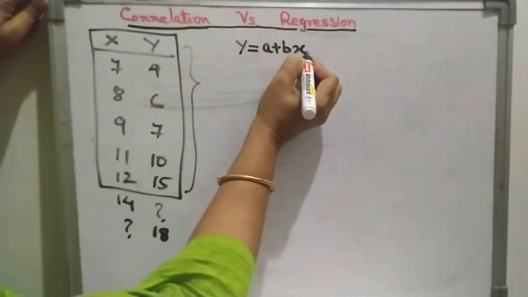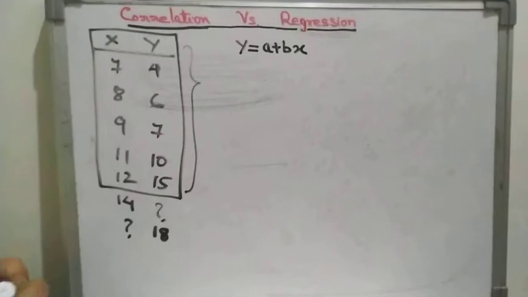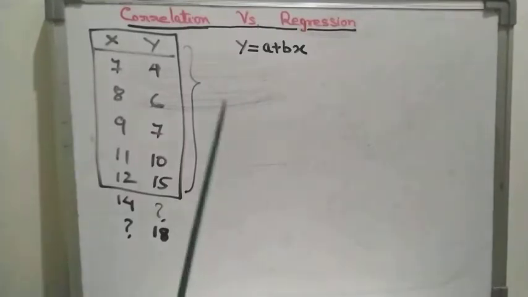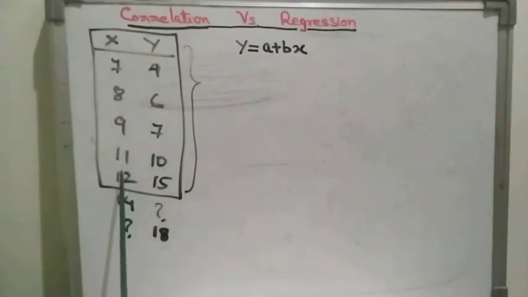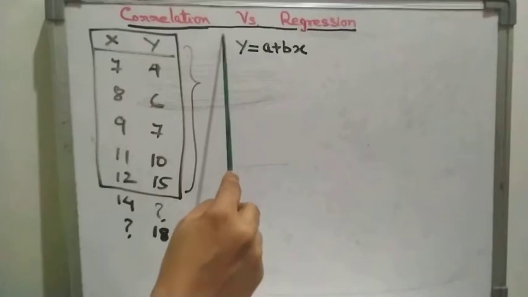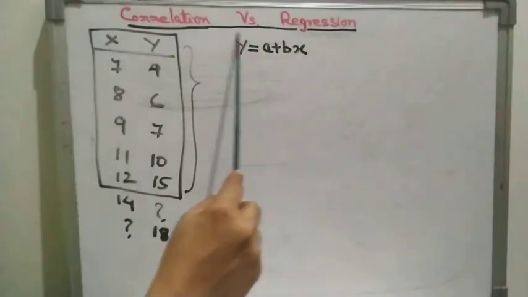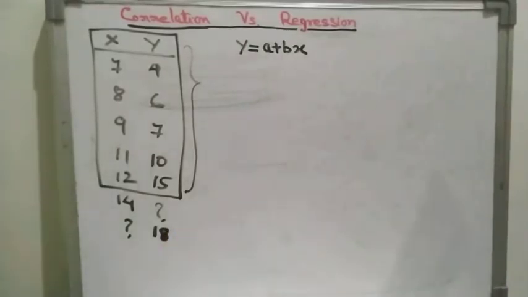This is your linear relationship. We start with this supposition because for prediction we must have a mathematical relationship between the two variables.